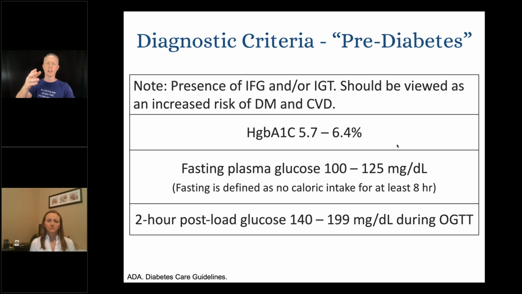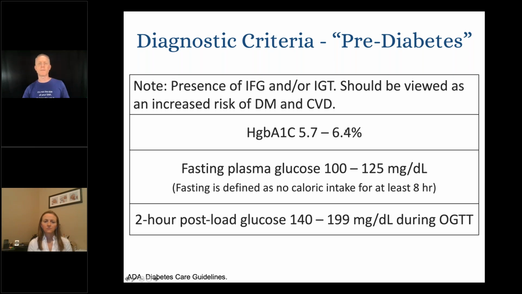Looking at the diagnostic criteria for pre-diabetes, for the presence of impaired fasting glucose or impaired glucose tolerance, we look at some things on their labs. For example, an A1C of 5.7 to 6.4.